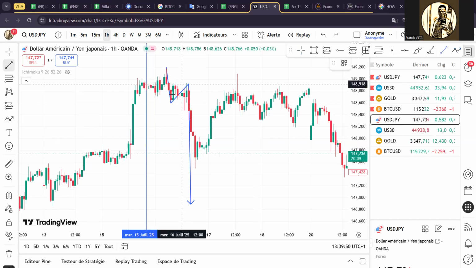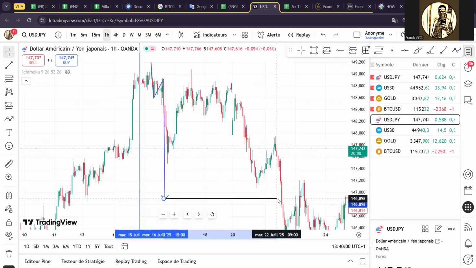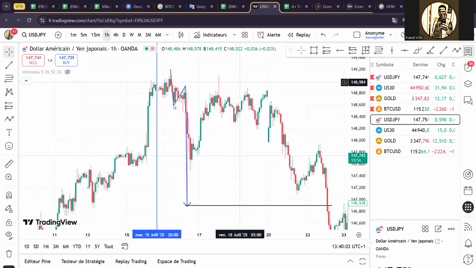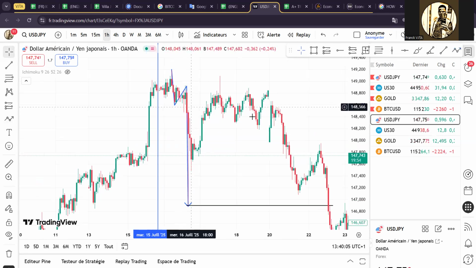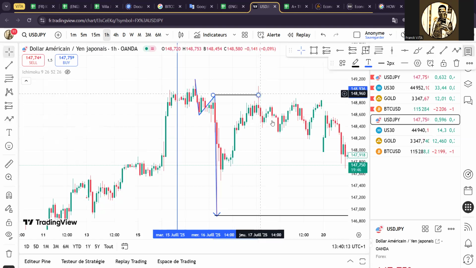So that's the downtrend. From the price perspective, the downtrend continues till here. This is a downtrend, right? We are in a downtrend because we actually broke this bottom here. Okay, from the price perspective.